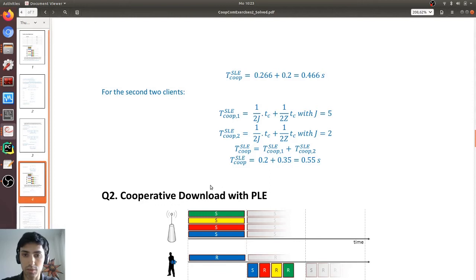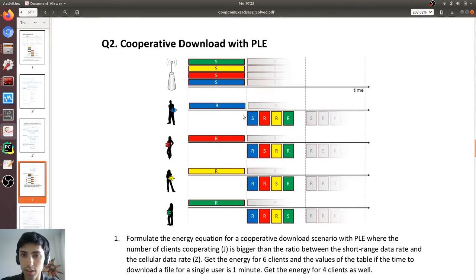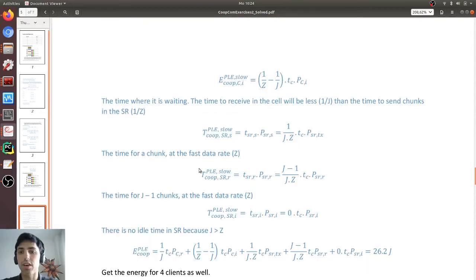Let's go to the image. We are only transmitting, we are only sending here once. Then to receive, however, we receive from all the clients minus 1, because of course we are not sending to ourselves. So this is going to be the contribution.